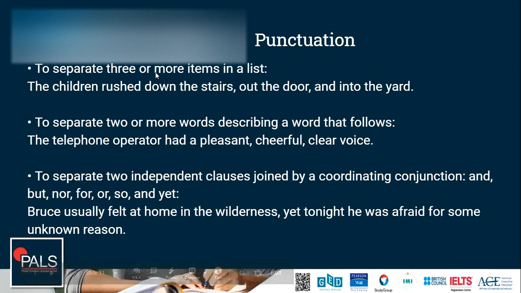To separate three or more items, of course, we need a comma there. To separate two or more words or modifiers, like cheerful, clear voice, we need to separate that, so we need a comma there. To separate two independent clauses joined by a coordinating conjunction: and, but, nor, for, or, so, yet.